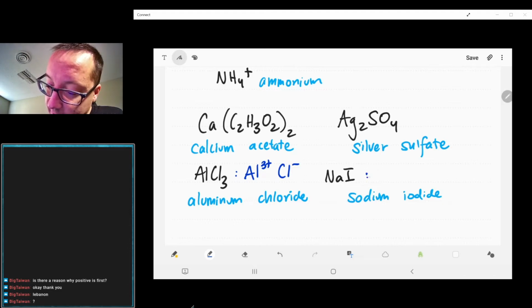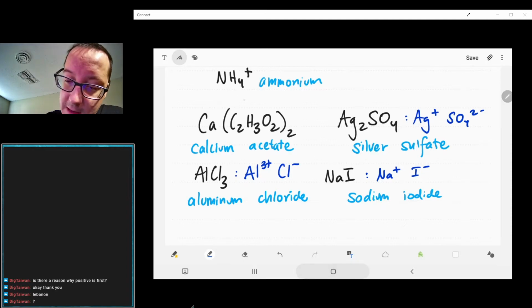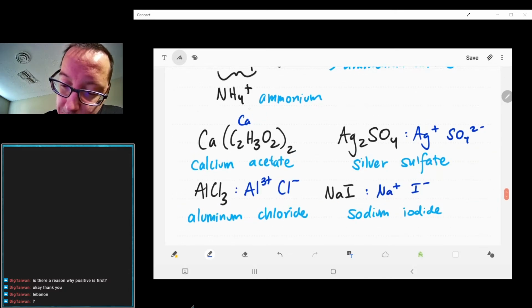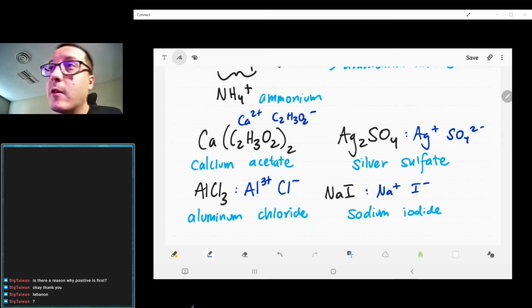For sodium iodide, of course, it's made of these two. Silver sulfate is made of these guys. And then the last one is made of these two. Alrighty.